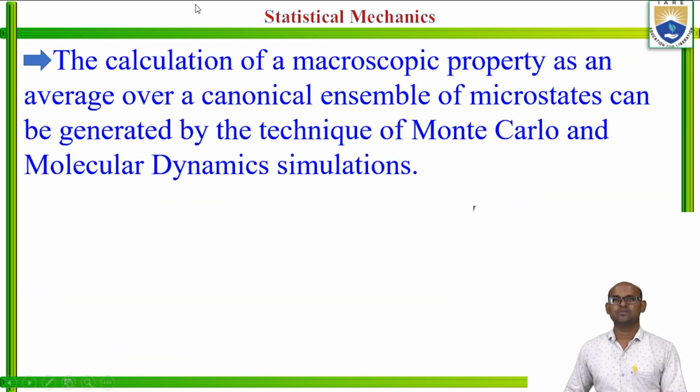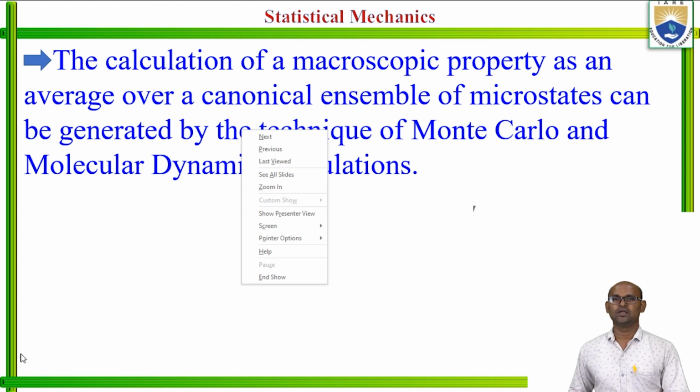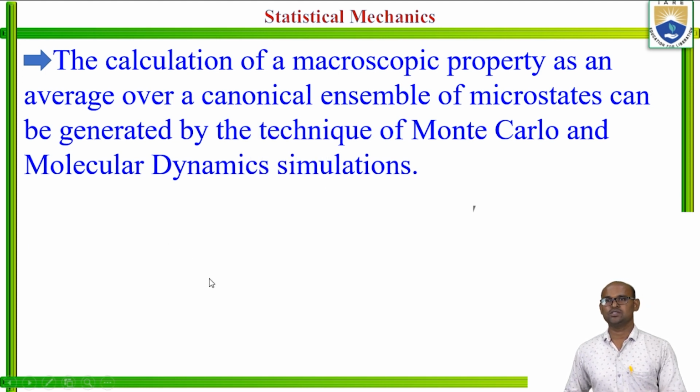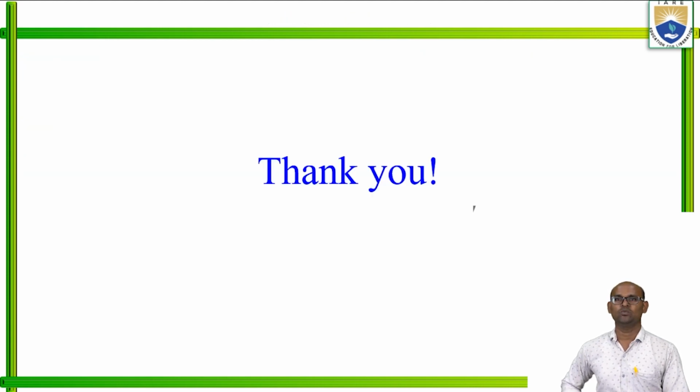So the calculation of this macroscopic property as an average over an ensemble of microstates can be generated by Monte Carlo simulation or molecular dynamics simulation. So I am saying how the macroscopic properties can be calculated using different simulation techniques, for example, Monte Carlo simulations or molecular dynamics simulations. Once we construct these ensembles, we can calculate whatever macroscopic property we want.